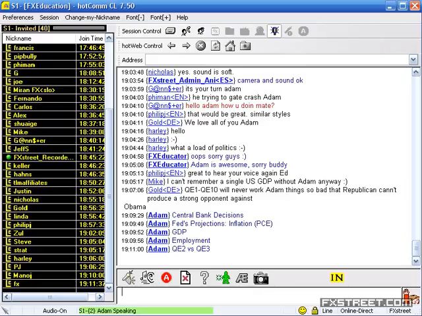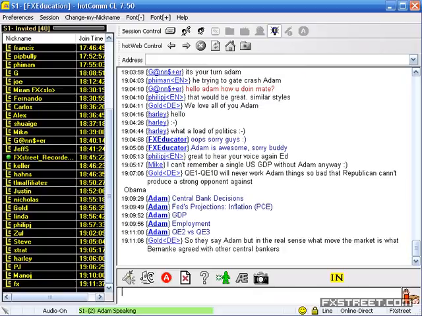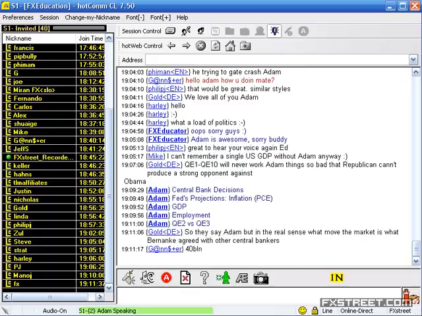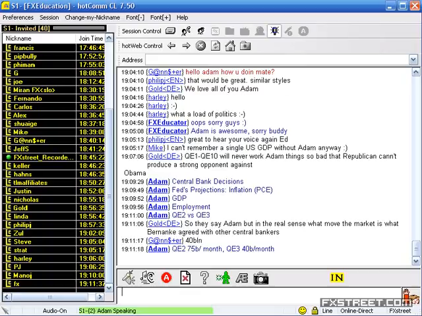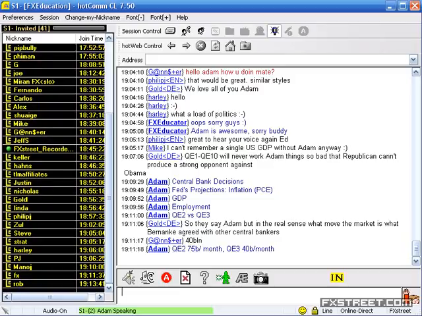QE2 they were buying, I believe it was $75 billion a month. QE3, they're buying $40 billion a month of what? Fixed income assets, securities.